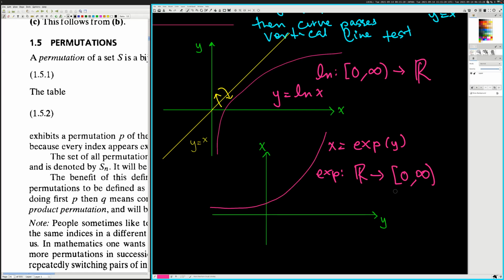This is an interval, so all numbers between 0 and infinity. A square bracket means it includes the endpoint, and a round parenthesis means it doesn't include the endpoint. So that is inclusive, and this is exclusive. That's what that notation means. Standard math notation, sorry.